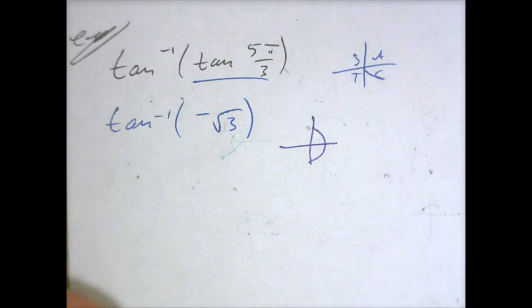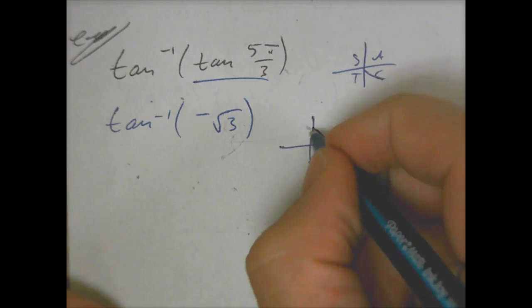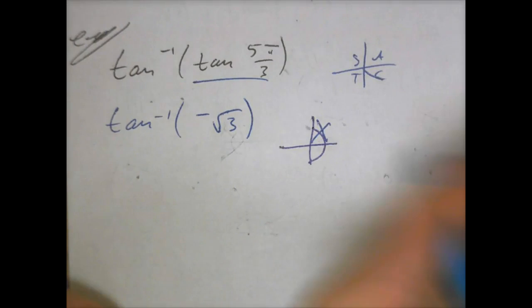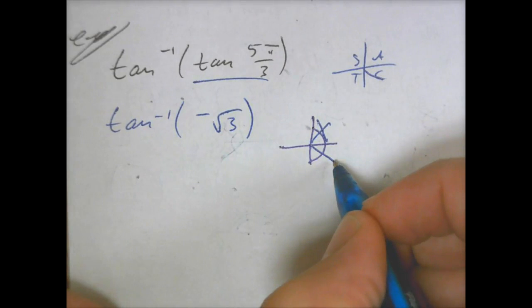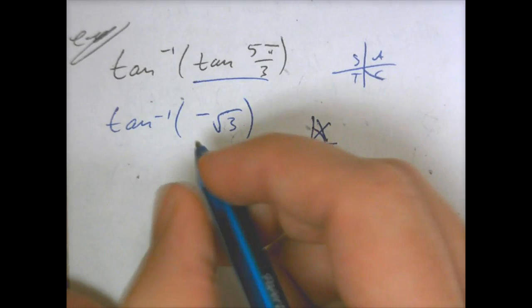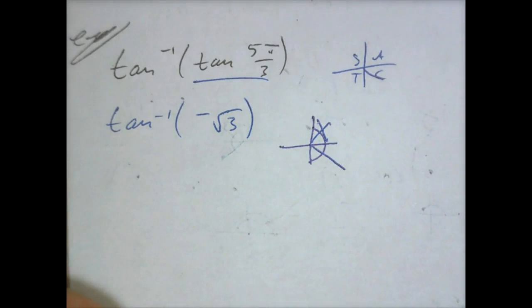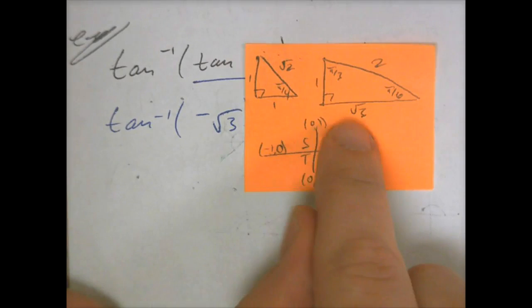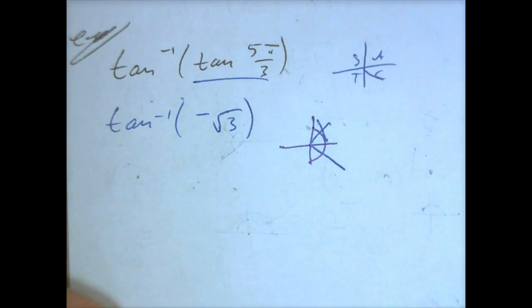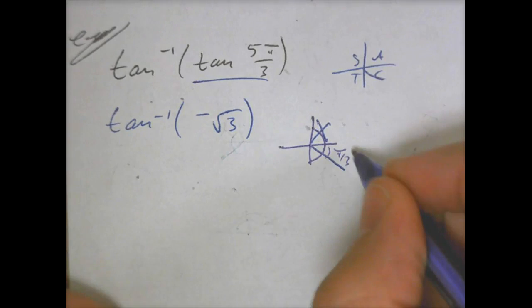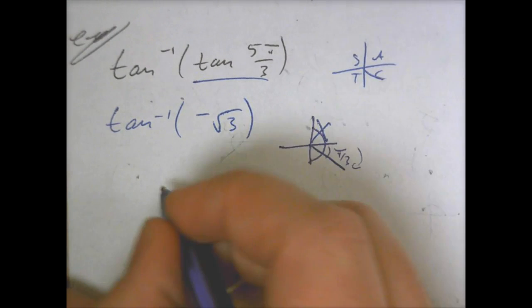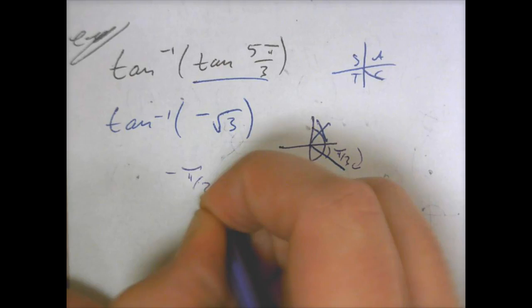Since this is a negative function value, that means it will not be in quadrant 1. My angle has to exist in quadrant 4 since tangent is negative there. For tangent, opposite over adjacent to be square root 3 over 1, again that comes from your pi over 3 reference angle. So I know my reference angle is pi over 3, and it has to go in the negative direction around the unit circle, so my answer is negative pi over 3.